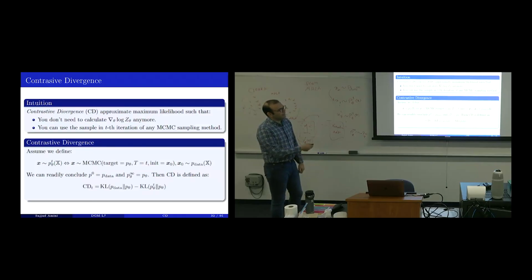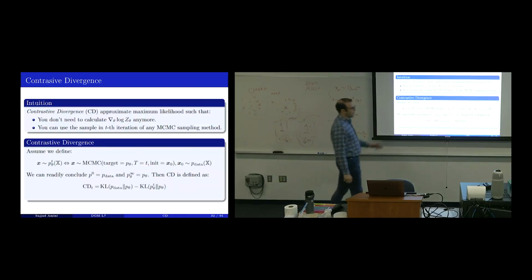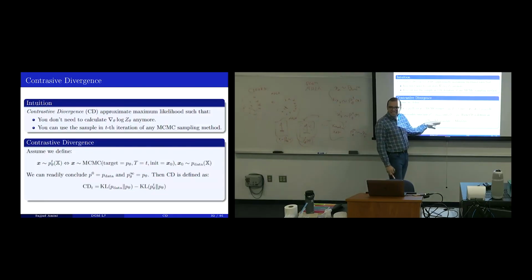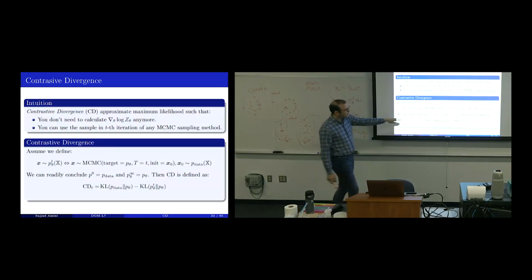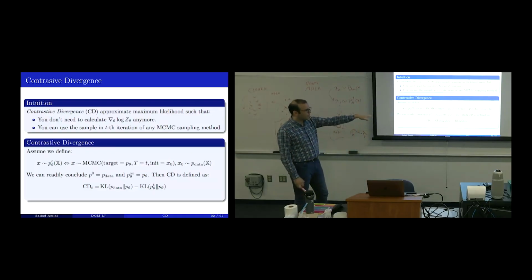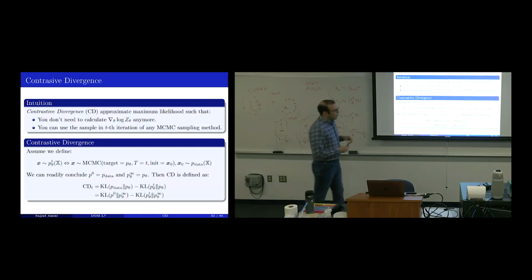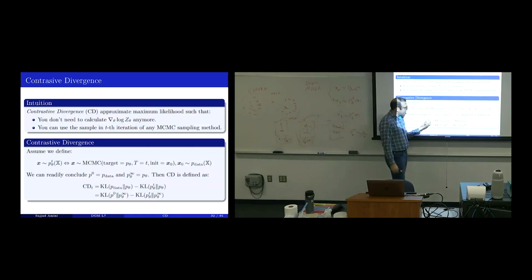Then CD is defined as this definition. This is the point. CD is this loss. Excuse me. This is CD because we generally maximize. Okay. Does it make sense for you? It says that the CD with index t is the KL distance between the data and model.